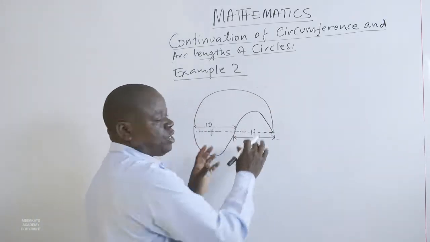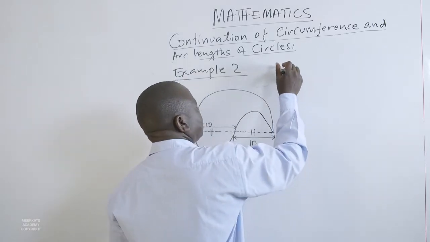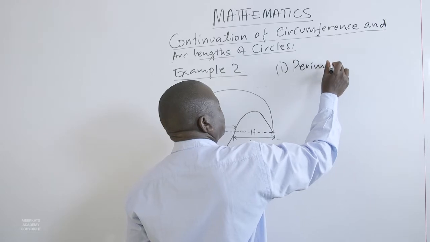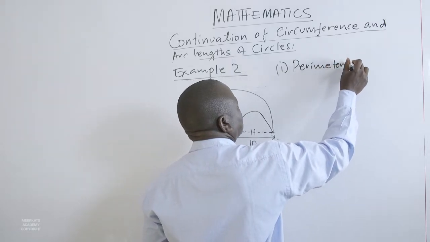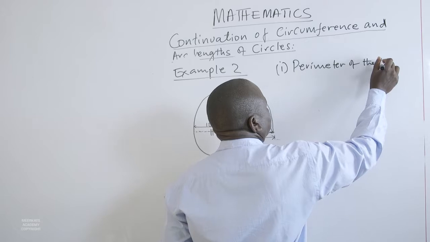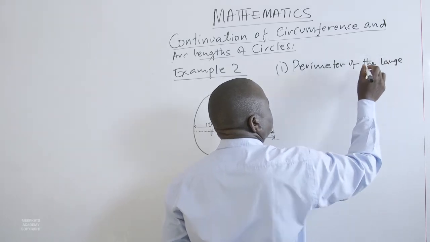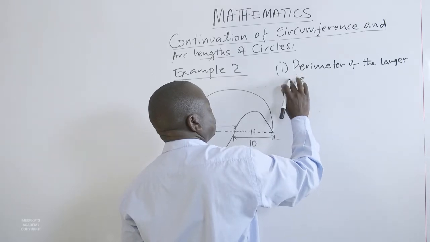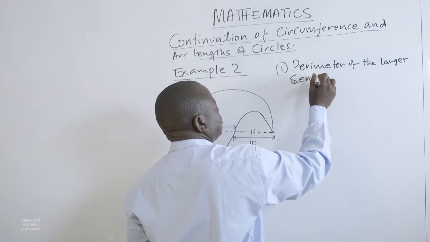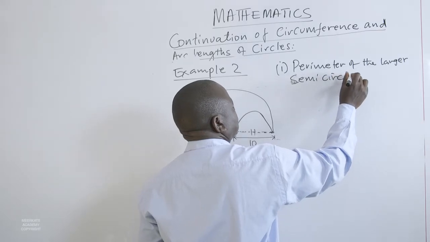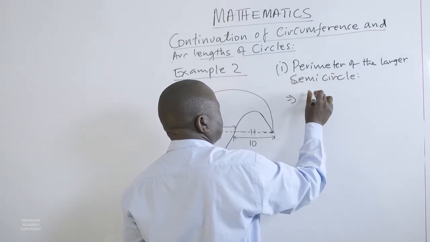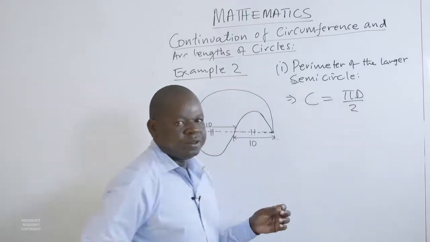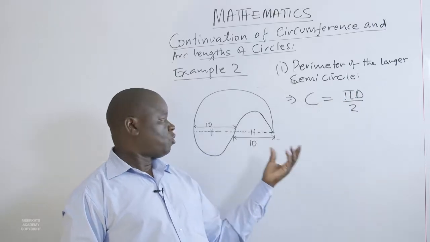So let's find the perimeter of the first semicircle. Use the formula pi d over 2 because it is diameter.